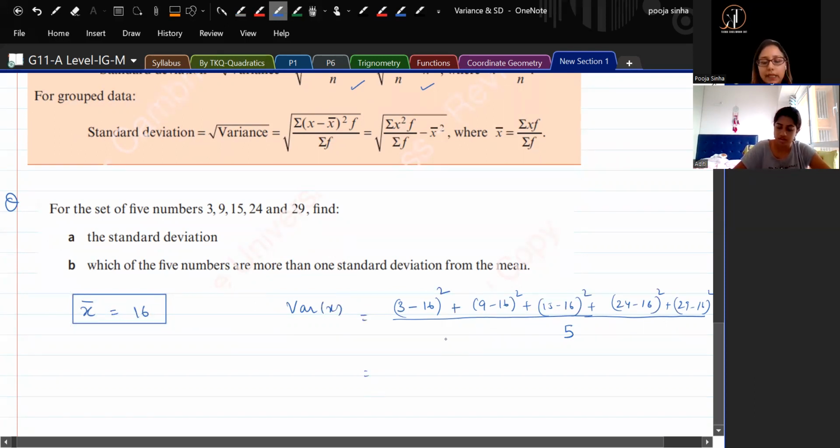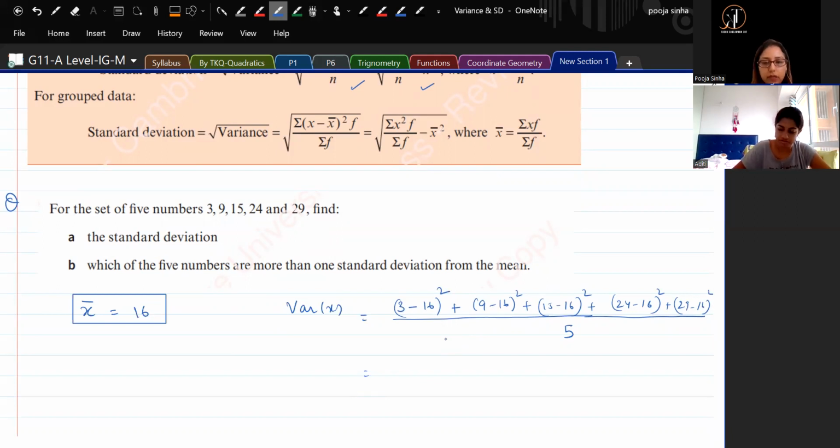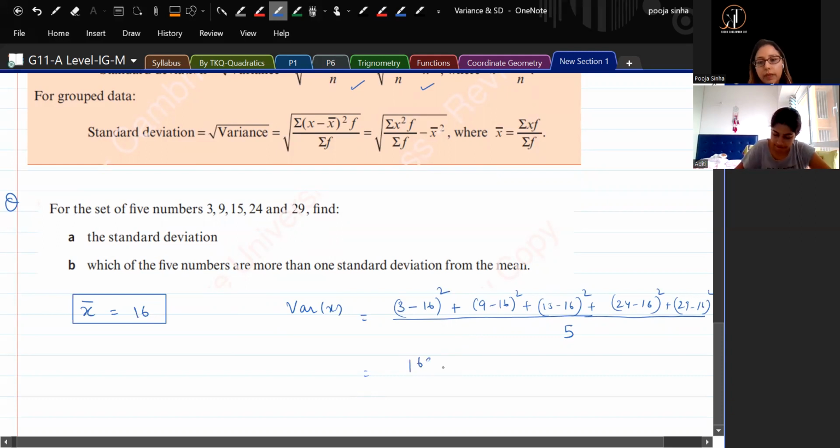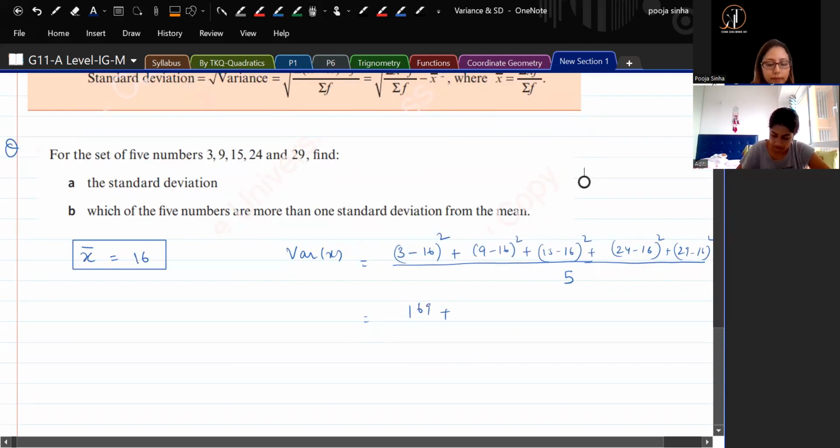So that becomes 3 minus 16, 13 into 13, which is 169, plus 9 minus 16, which is 7. 7 into 7 is 49. 15 minus 16 is 1 square, so 1. 24 minus 16 is 8. 8 8 is 64. And 29 minus 16 is 13, and 13 into 13 is 169 again.